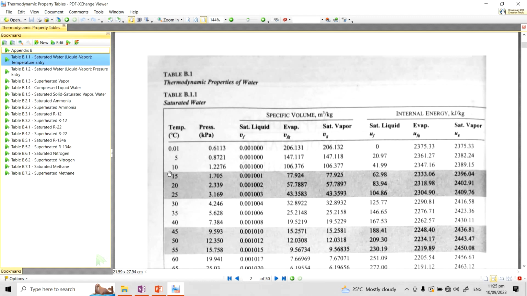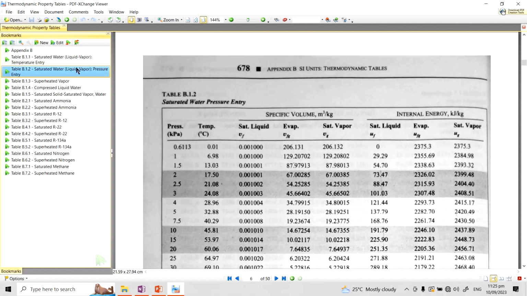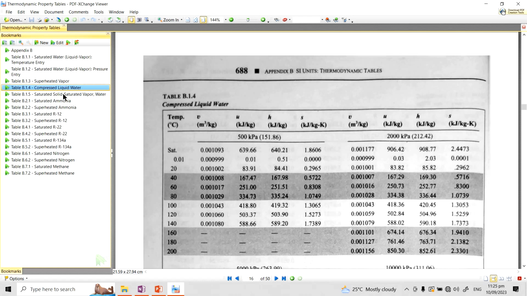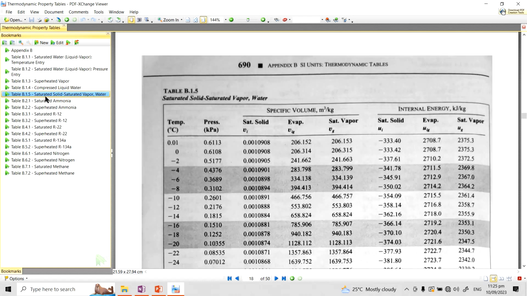So you see here the first column in the first table is temperature, and in the second table the first column is pressure. That's the only difference. Then B.1.3 is superheated water vapor, B.1.4 is compressed liquid, and B.1.5 is saturated solid, saturated vapor water. We're going to hardly use this one.